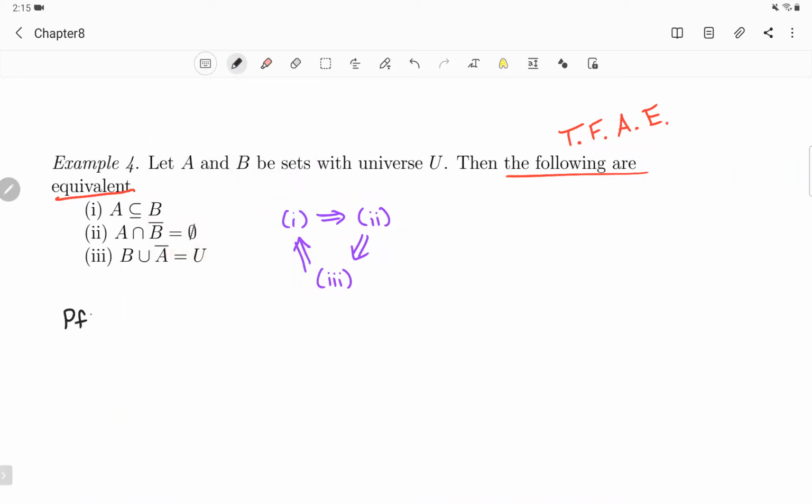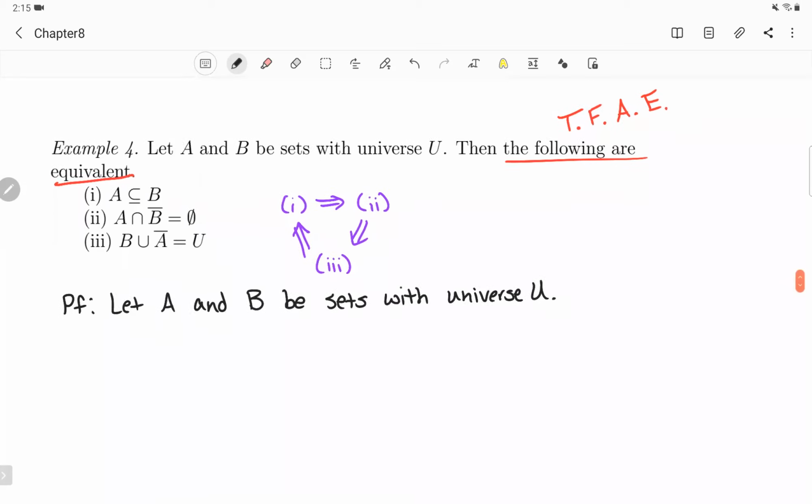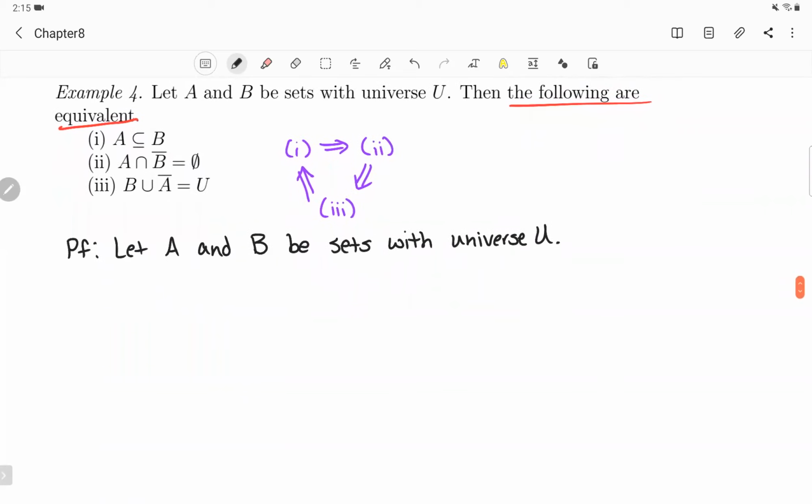All right, so we are going to let A and B be sets with universe U. Remember that universe, that universal set, is everything I'm considering, right?